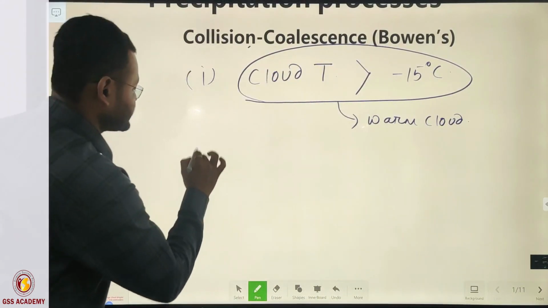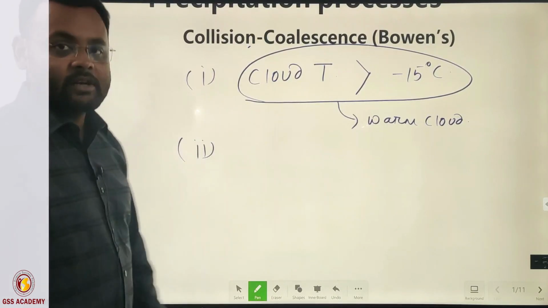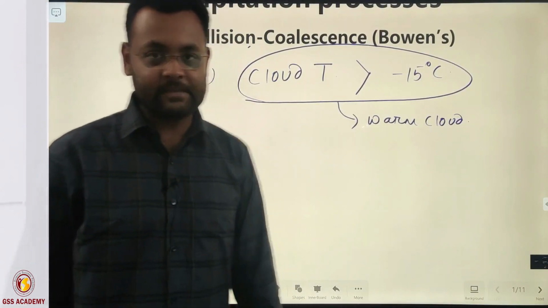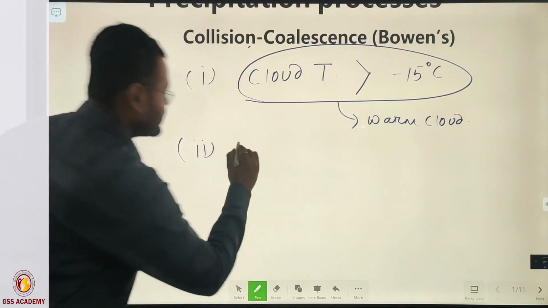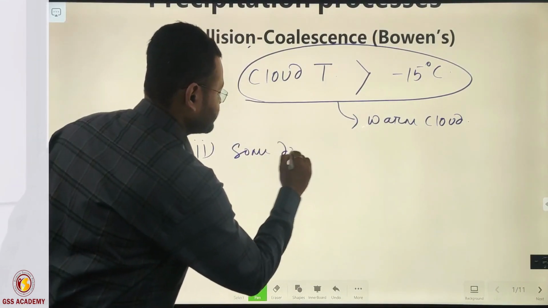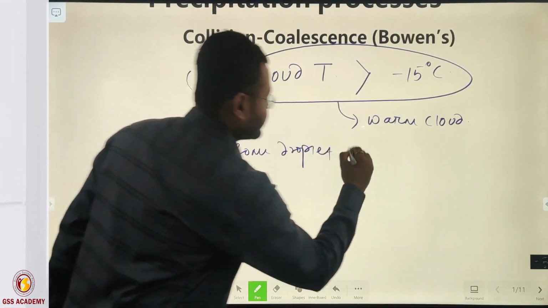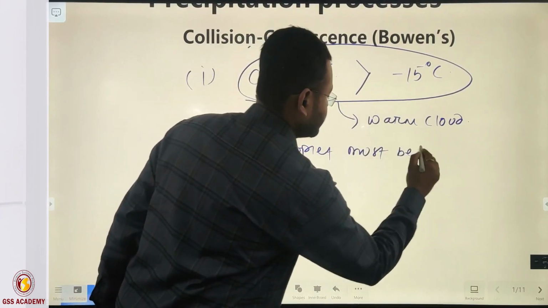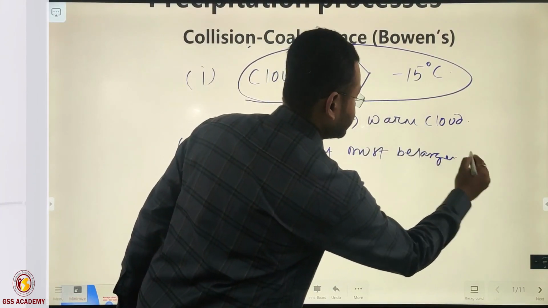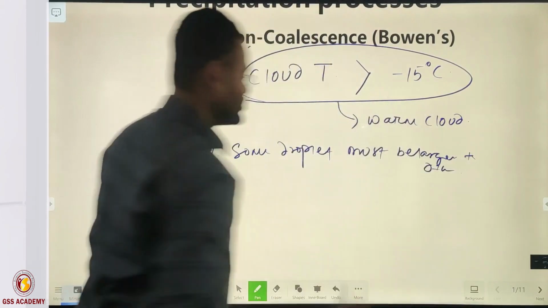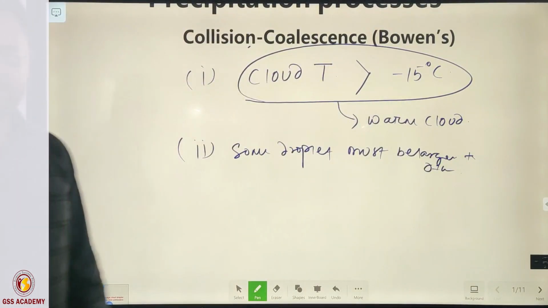And the second condition is that, for the collision and coalescence process to take place efficiently, some droplets must be larger than others.